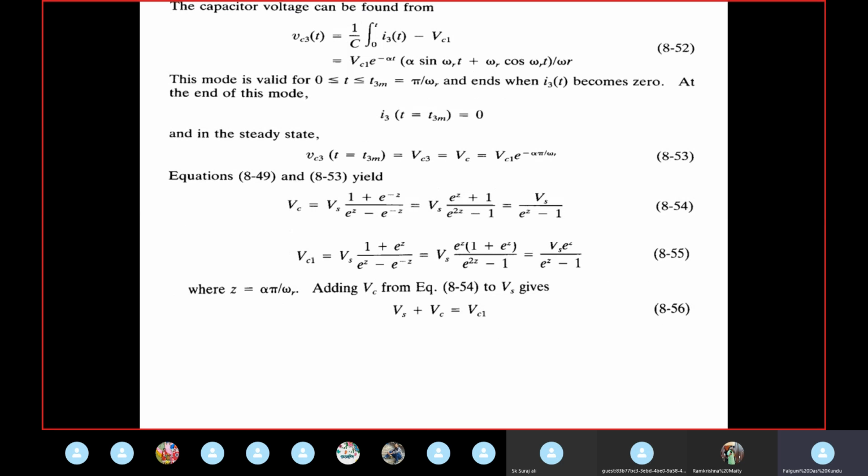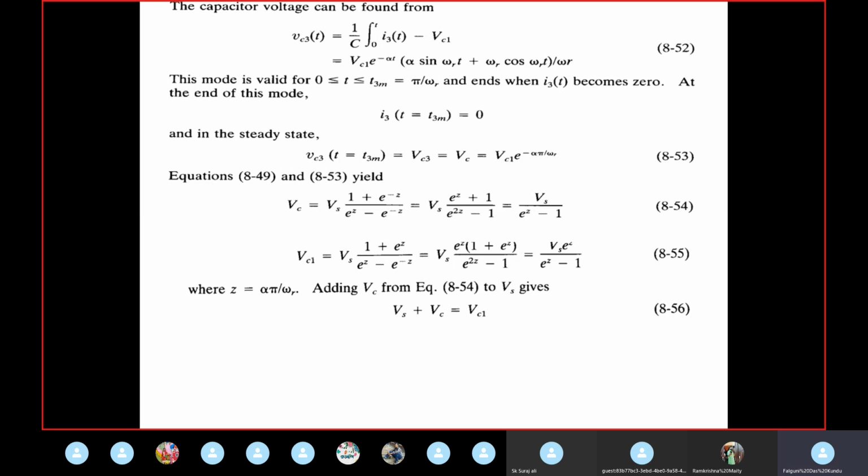Now the capacitor voltage Vc3(t) is equal to 1 by C integration 0 to t of i3(t) minus Vc1, which is equal to Vc1 e to the power minus alpha t, into alpha sine omega r t plus omega r cos omega r t, by omega. This is a simple integration, okay?